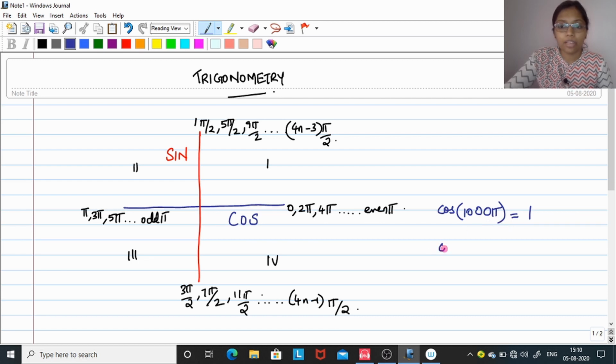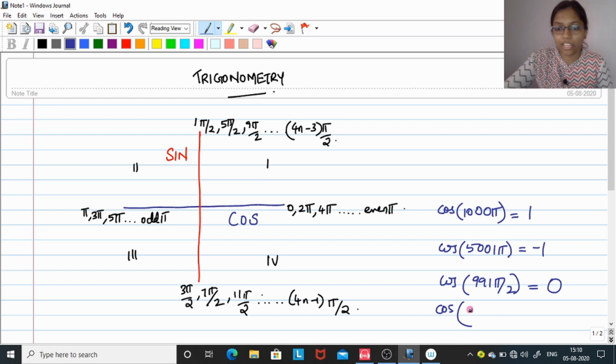Okay. Similarly cos 5001 pi, this is an odd number, so the value will be negative 1. And cos any pi by 2, specifically odd pi by 2, that is 991 pi by 2, everything will be 0. Then let me be much more tricky. What is cos 990 pi by 2?